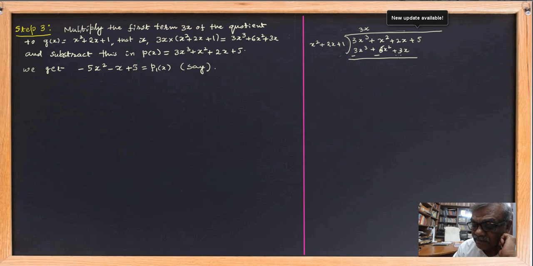Subtract, and these two terms cancel, giving minus 5x square, minus x plus 5, and this I would like to call P1(x).